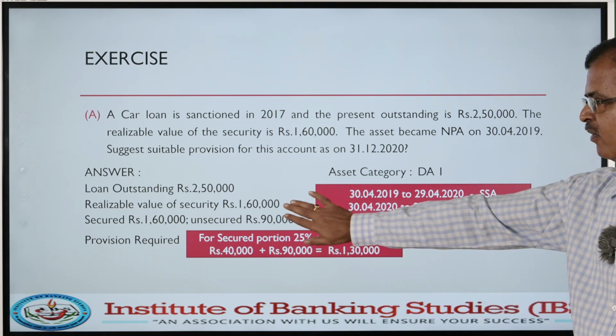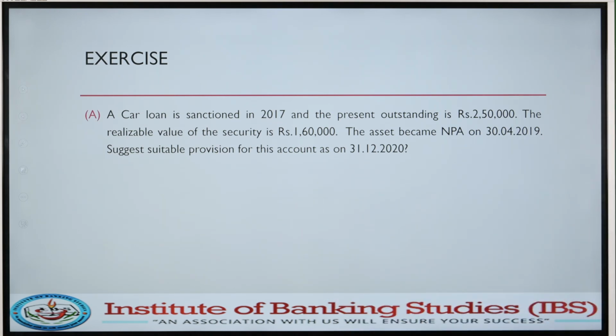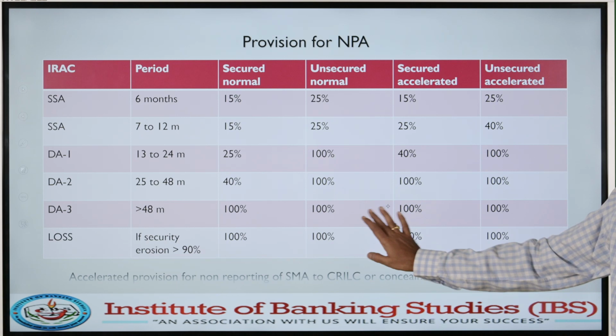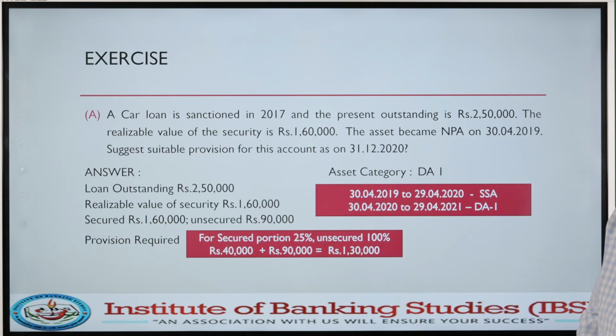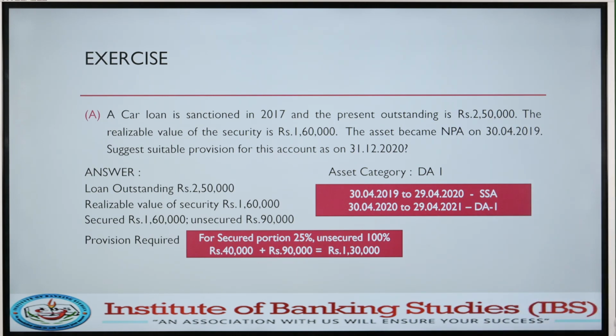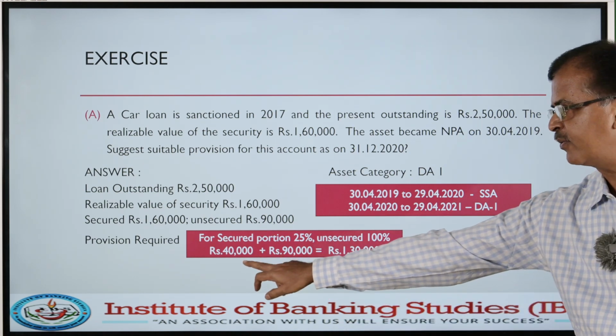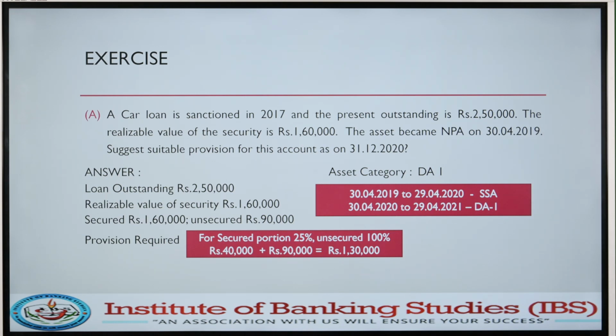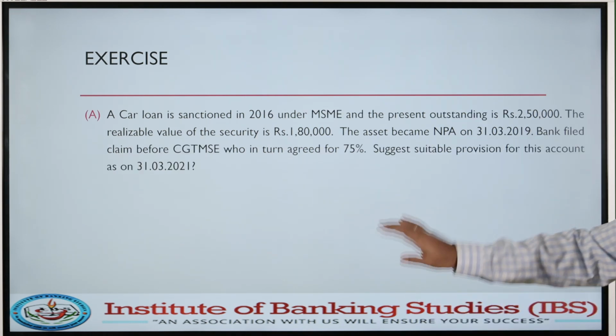For the secured value of 1,60,000, the provision requirement is 25%, that is 40,000. And for the unsecured value of 90,000, the provision requirement is 100%, that is 90,000. So 40,000 plus 90,000, the amount is 1,30,000.